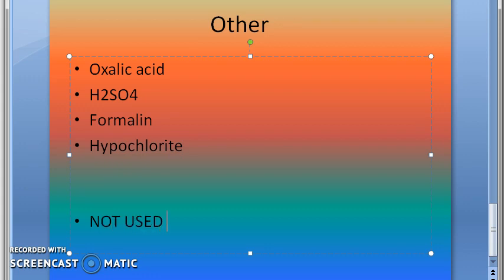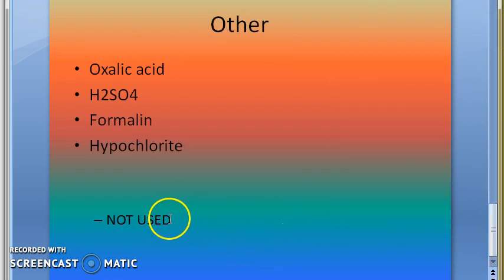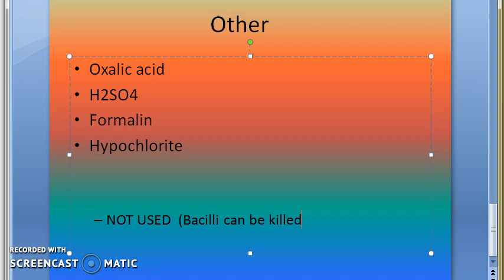Some people say that these can kill the tuberculosis bacteria itself, so the bacilli can be killed. That's why they are not used.